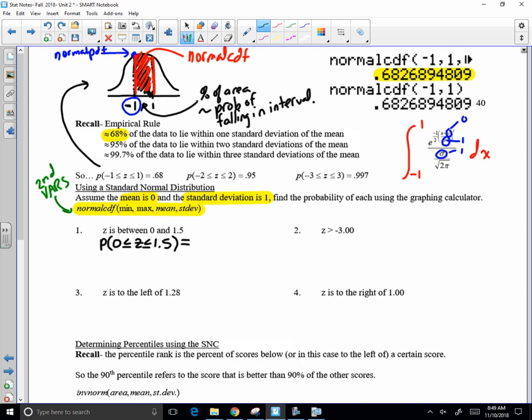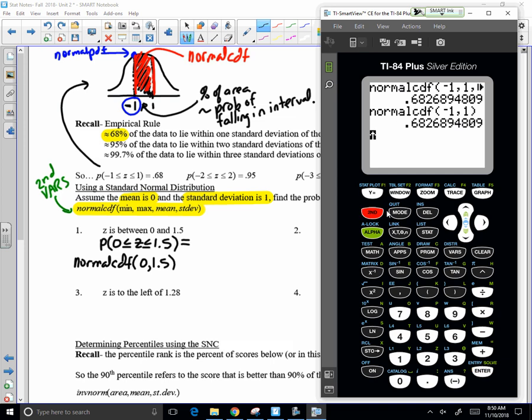And then we just go right to the final answer, knowing that on your calculator you would be typing in normalCDF 0, 1.5. You use your shortcut menu to do the heavy lifting for you.